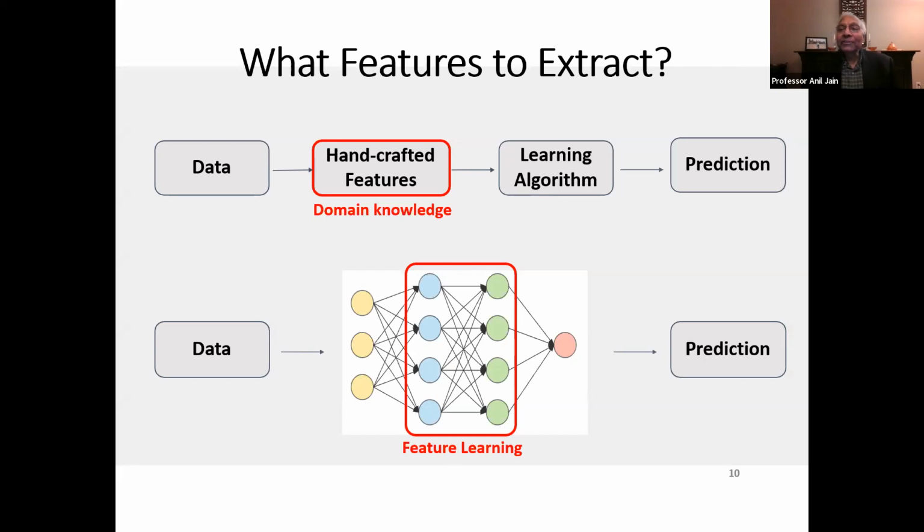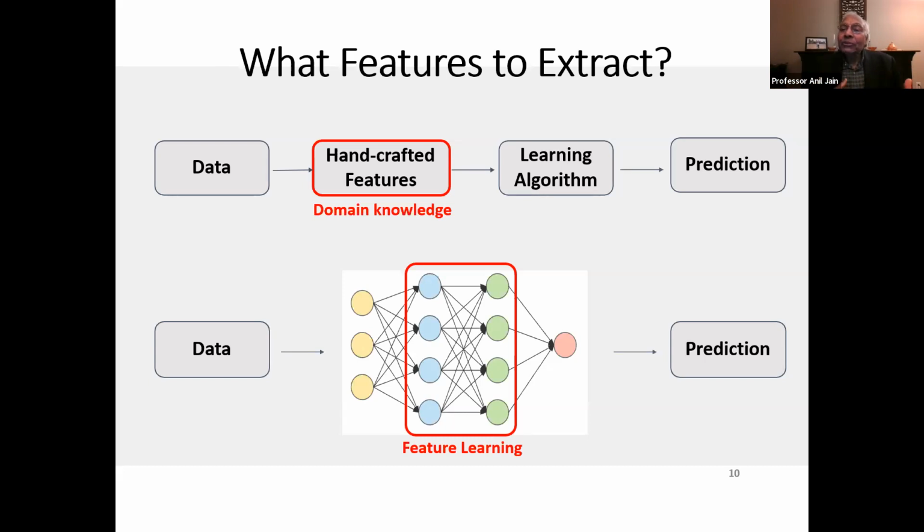The modern version, or the deep network version, is you feed a huge amount of data to a network, which is referred to as a convolutional neural network in image processing. And this network learns what should be the right representation to distinguish among different fingerprint classes. And then you do the prediction based on the features it has learned.